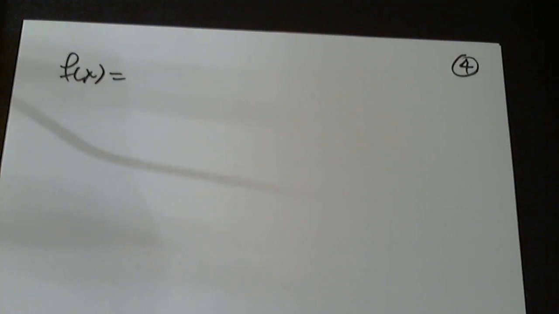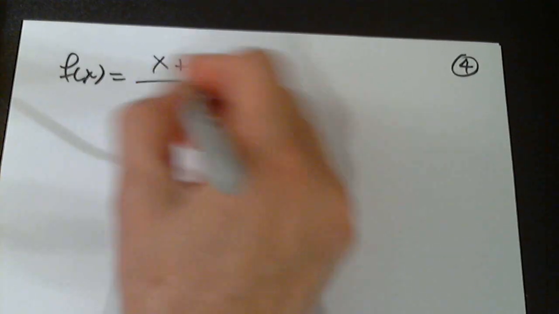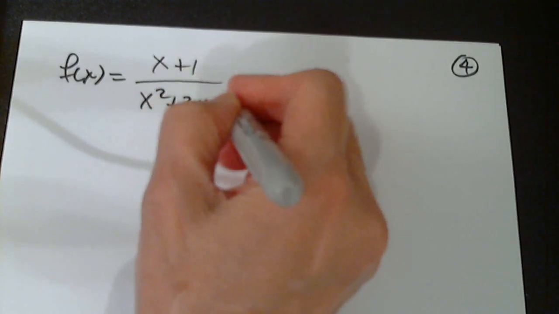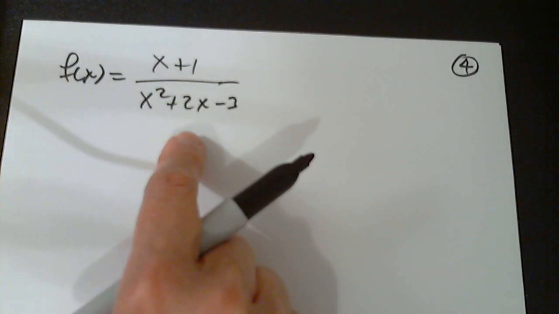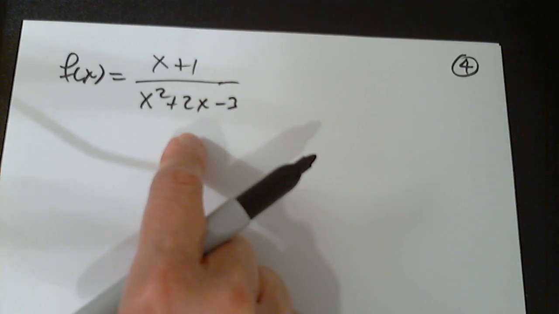Choose from anything. Can we do x plus 1 over x squared plus 2x minus 3? Like this? Yes. Perfect.